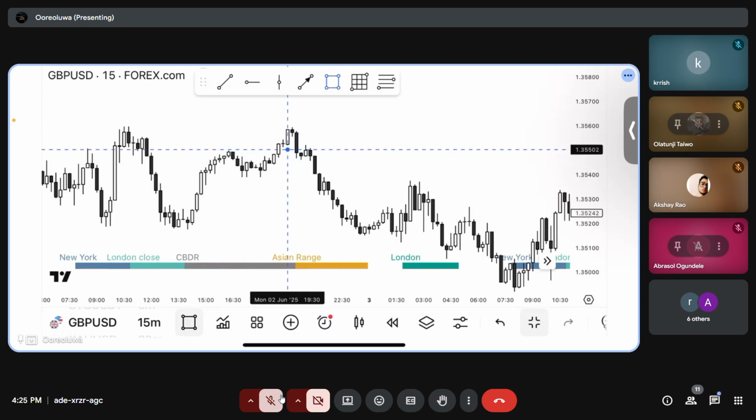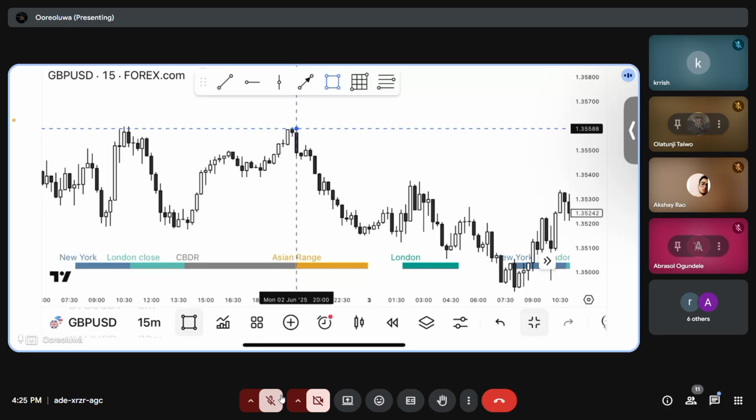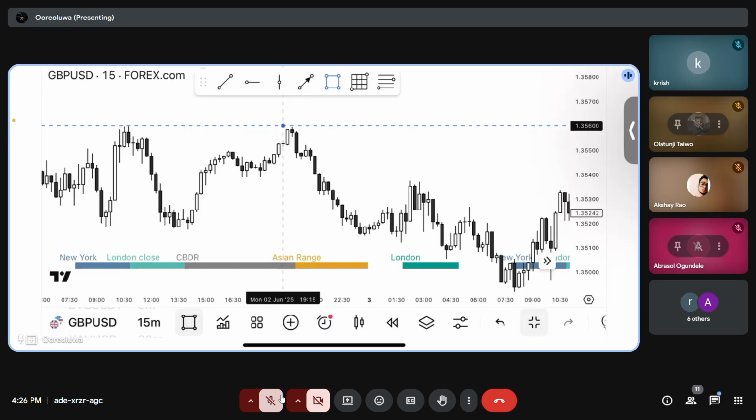This is it. Sorry, that's Asia high. You can also mark all these highs together, because price opened from here, so you might mark everything.